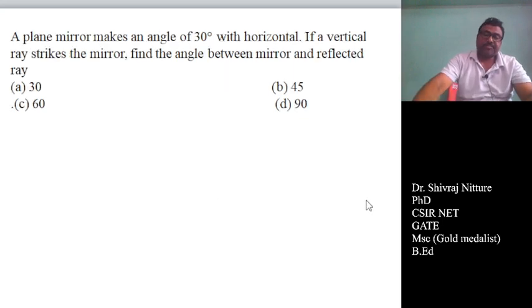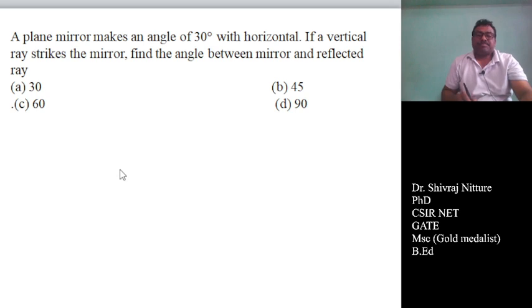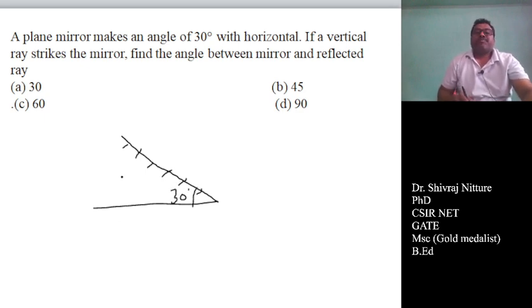A plane mirror makes an angle of 30 degree with the horizontal. Let us take the last problem. Say this is a horizontal line and this is a plane mirror. This plane mirror makes an angle of 30 degree with the horizontal. If a ray of light falls vertically like this, then this angle is also 30 degree, because when this angle reduces to 0, this normal line touches this line.